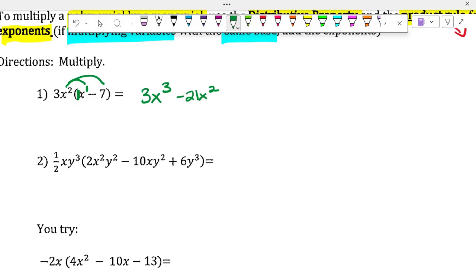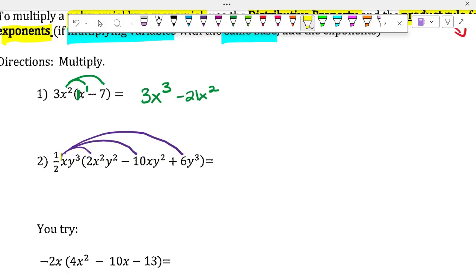All right. Now, number 2 is a little bit more difficult because they threw in 2 different variables. So remember, you only add the exponents of the variables that are exactly the same. If I multiply everything here, let's just do this by the coefficients first.